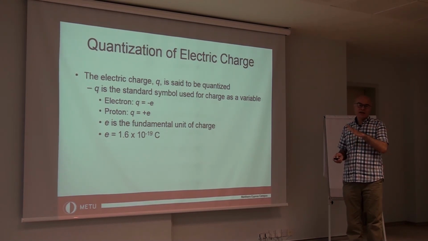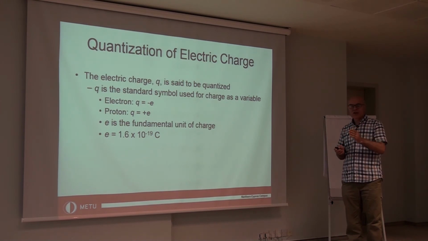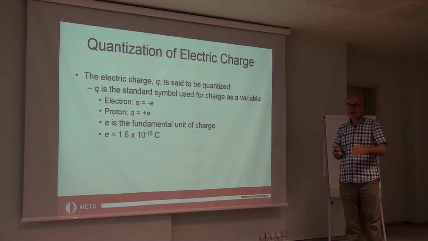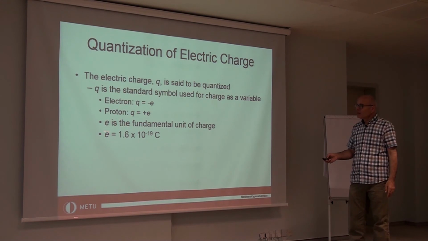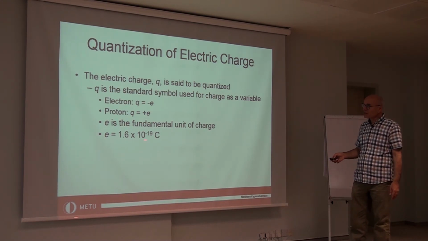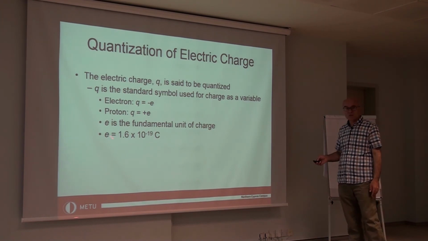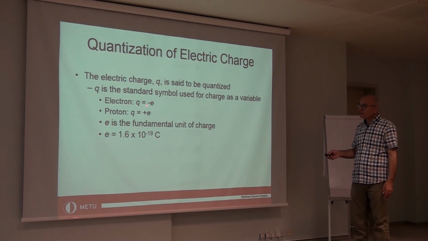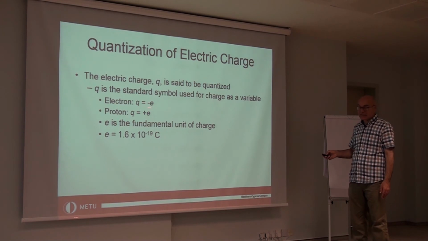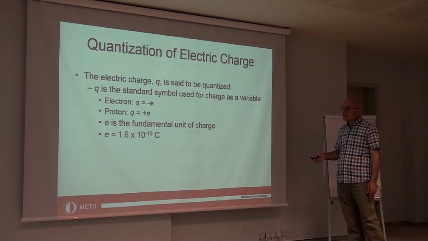I mean, we have never observed a free particle that carries a charge smaller than the charge carried by a proton or an electron. This charge, we refer to it as E. E is a positive number, and it's equal to 1.6 times 10 to the power minus 19 coulombs. Now, the charge of the electron, Q, is minus this E, and the charge of the proton is plus this E.